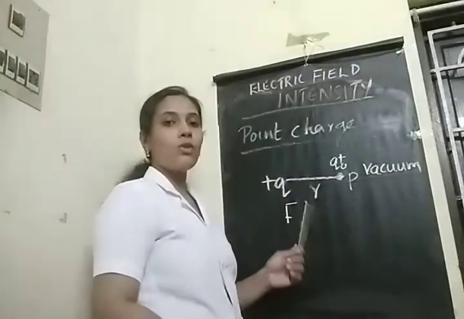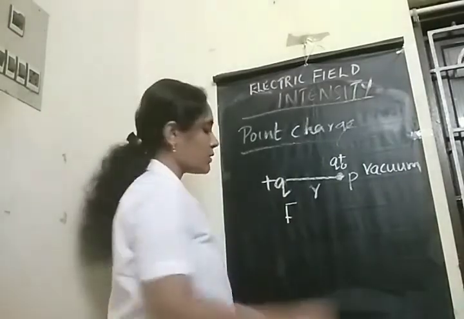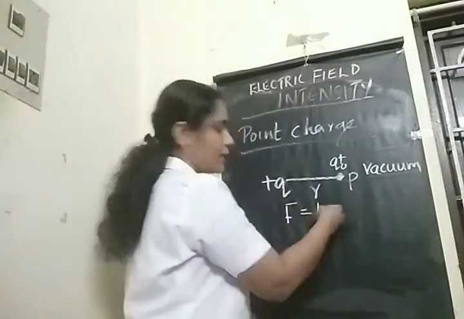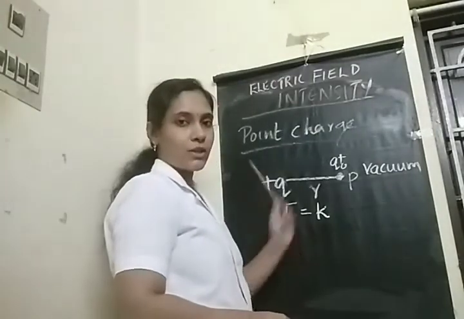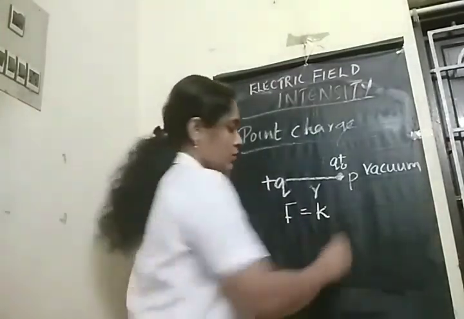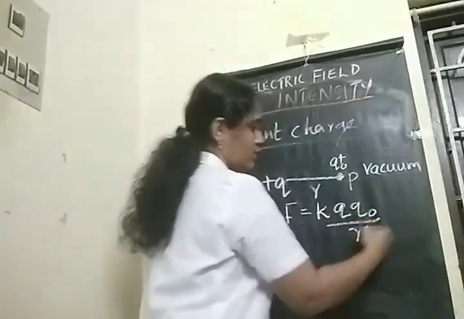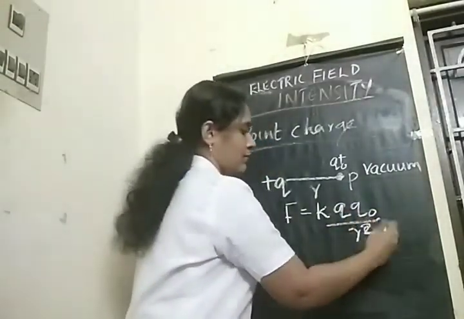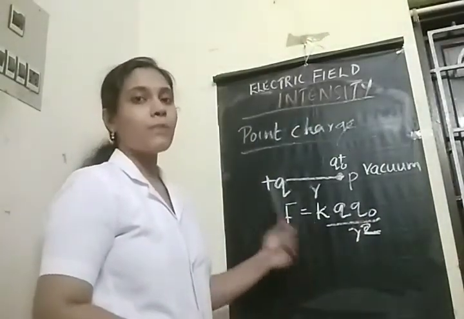As per Coulomb's law, the electrostatic force is F = K Q1 Q2 / r². Here Q1 is +Q, Q2 is Q0. So you can write F = K Q Q0 / r². This is the expression for force as per Coulomb's law.